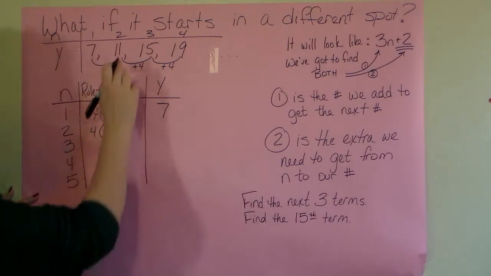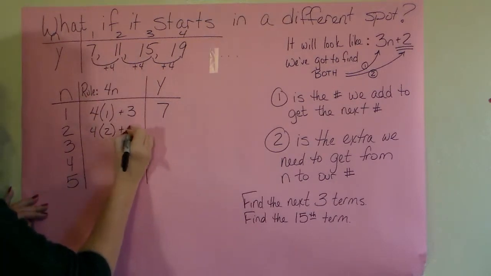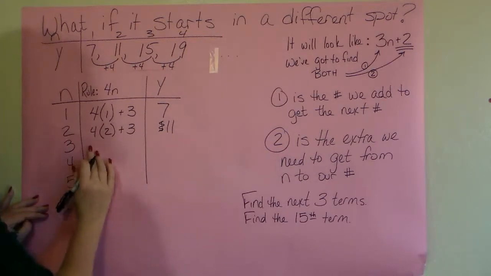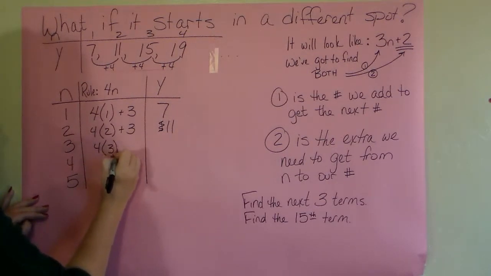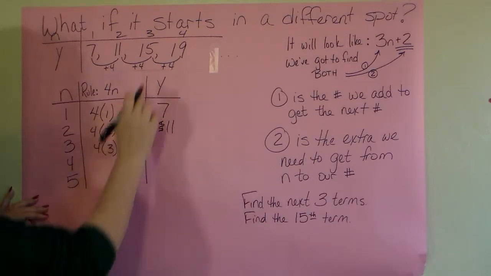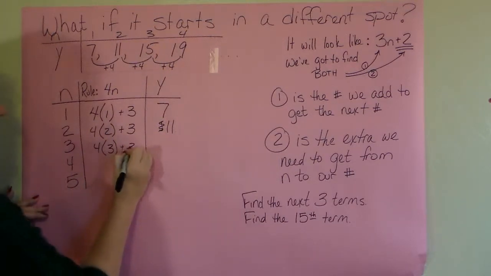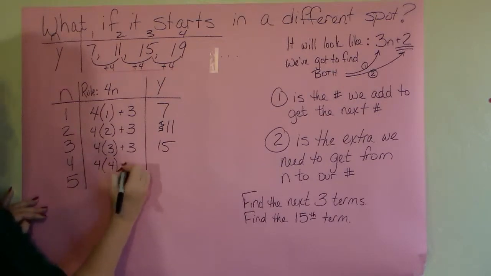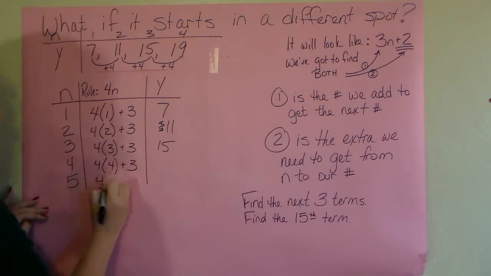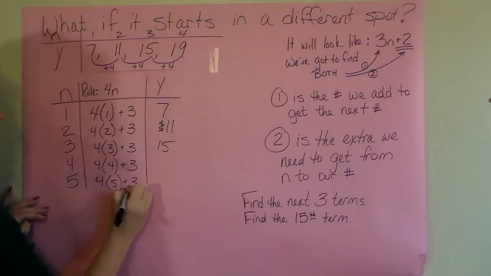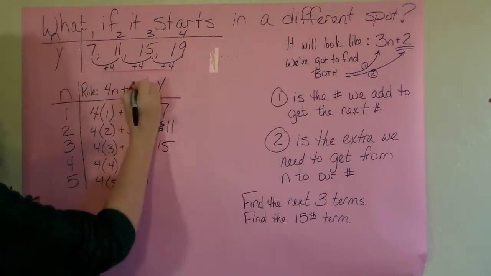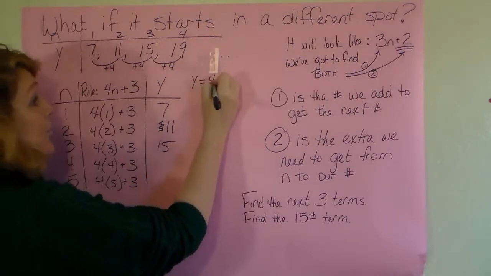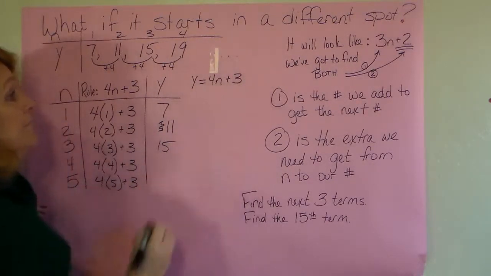I have to get from 8 to 11. That's plus 3. 4 times 3, that's 12. Plus 3 is 15. See how this works? 4 times 5 plus 3. They're all the same rule. So my rule is that. So my equation is y equals 4n plus 3.